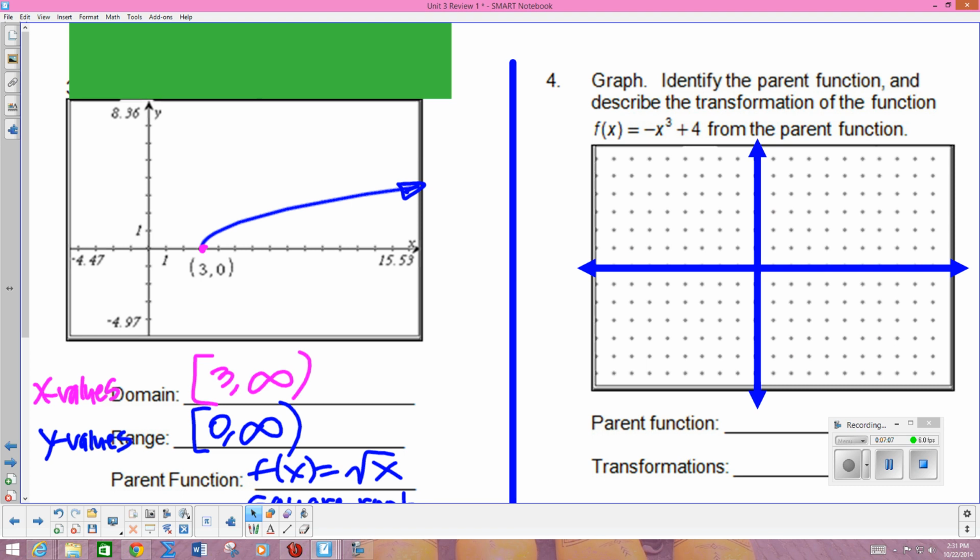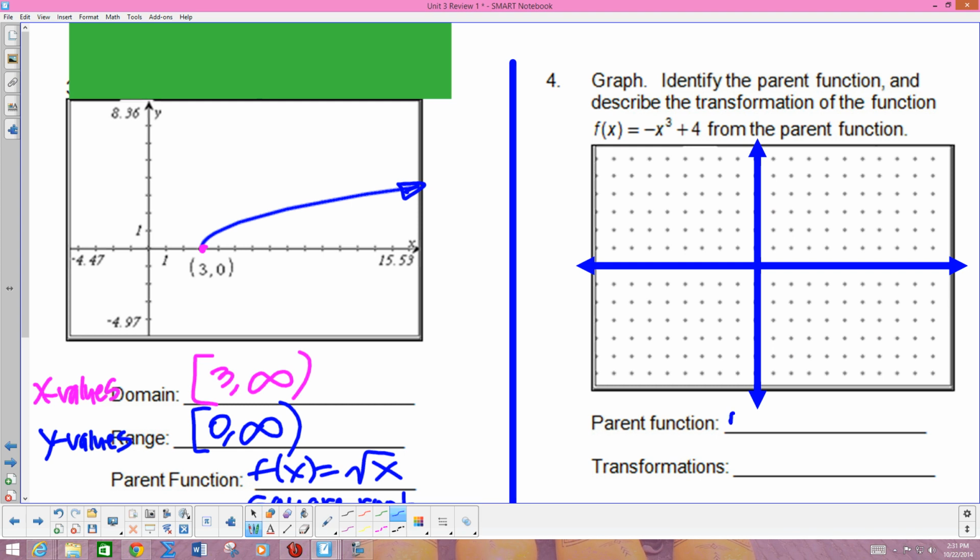Let's move that over there a little bit. Right there, right on. And so identify the parent function. What is the parent function for this graph that we have? It would be f of x is equal to x cubed, or you could have the word cubic. Either way, then you can have that.